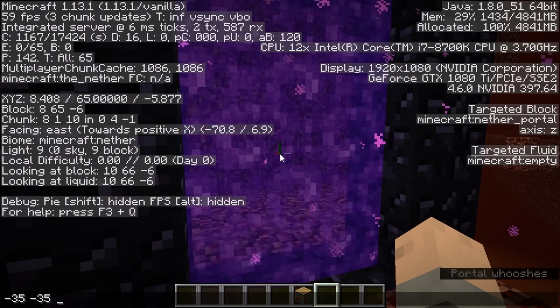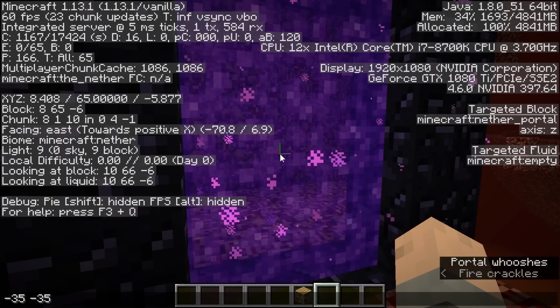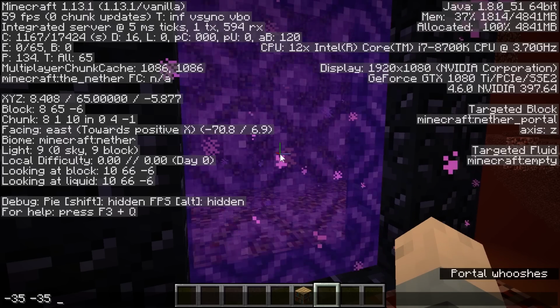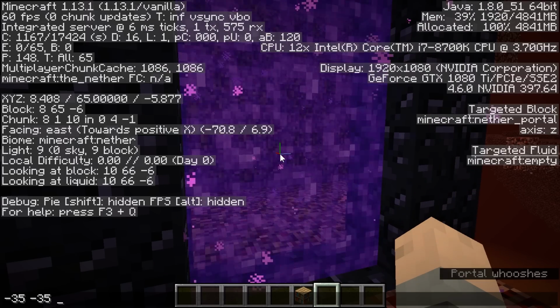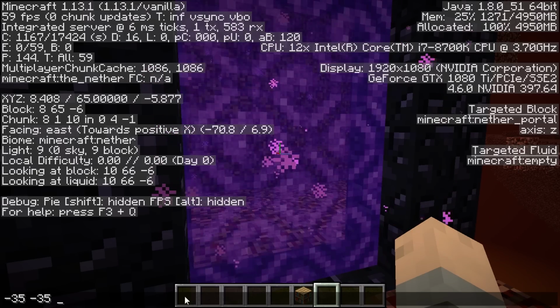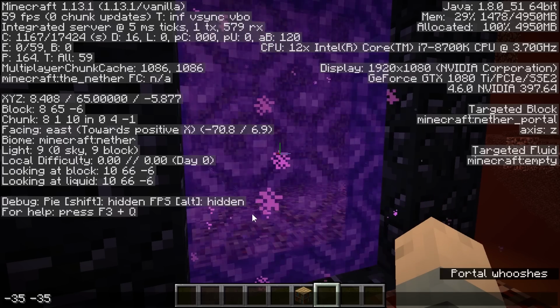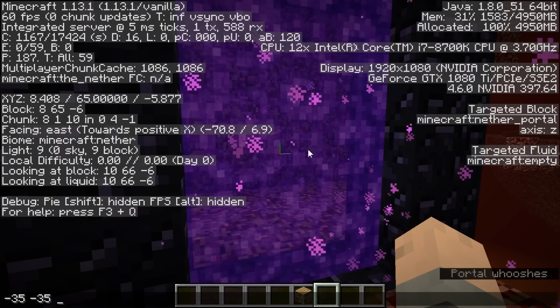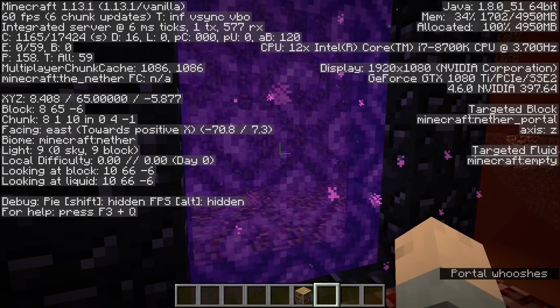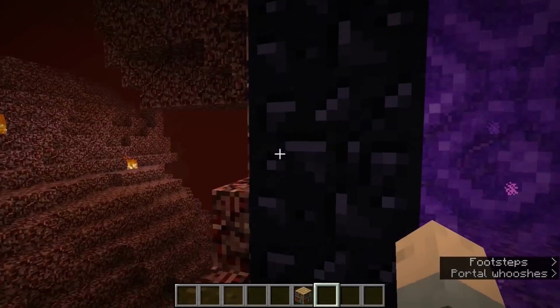If we divide that by 8, because we are trying to find the coordinates for the Nether for it to link up, that divided by 8 is going to be really close to negative 4. So if we wanted our portal to link up exactly, we would want this portal to be at negative 4.